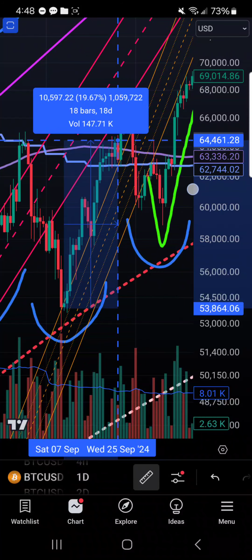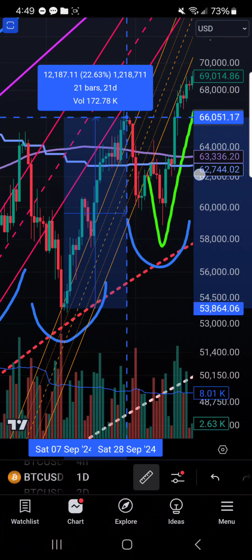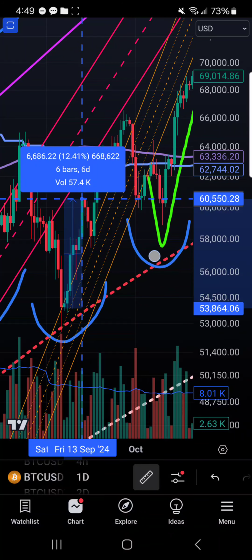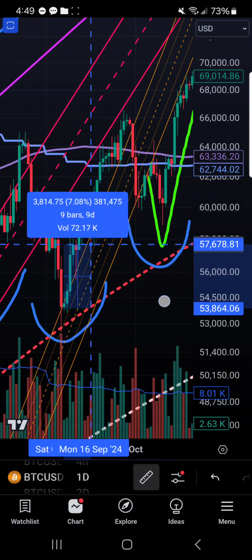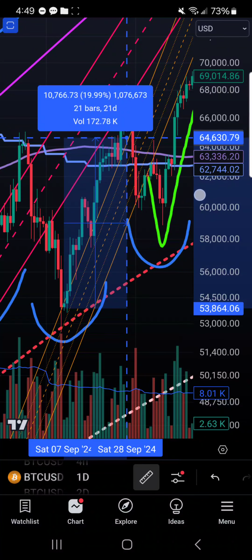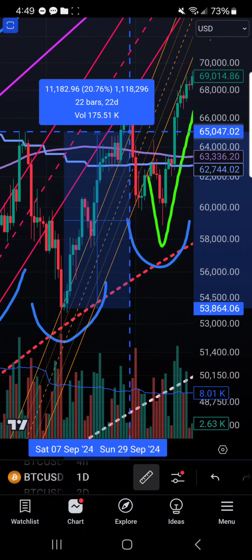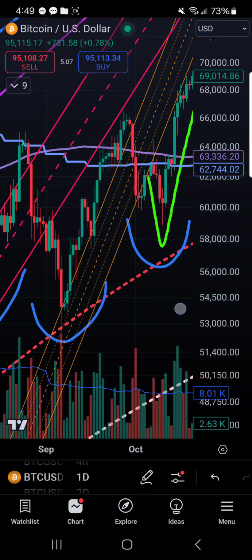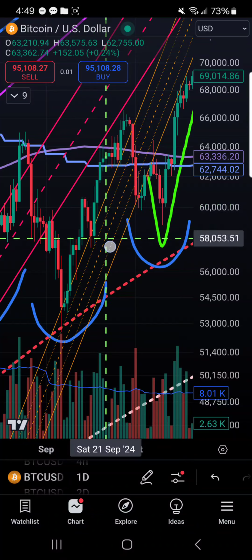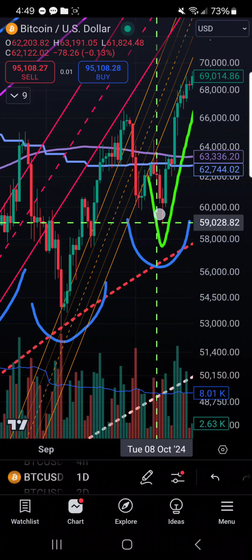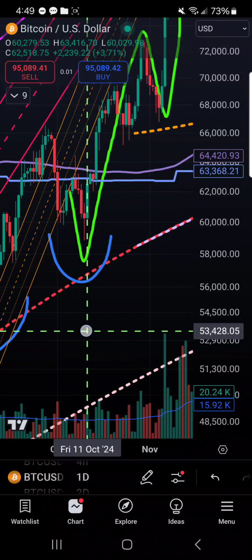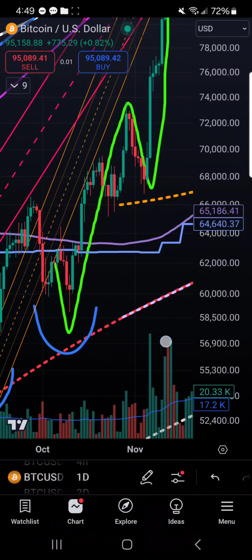So that rally was 22%. But after about a 12% move, we did see that sharp pullback and then continue on with the rally. So maybe we do see something like that, but maybe even a bigger pullback and then continue on with the rally. Now let's see, this one is October. Yeah, this is the October one.